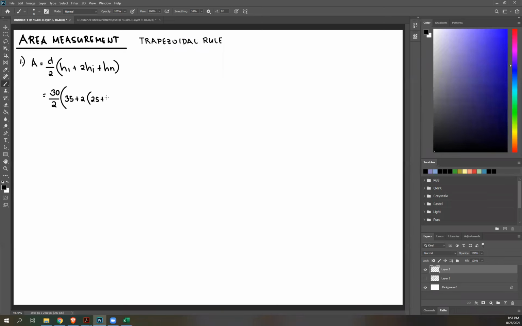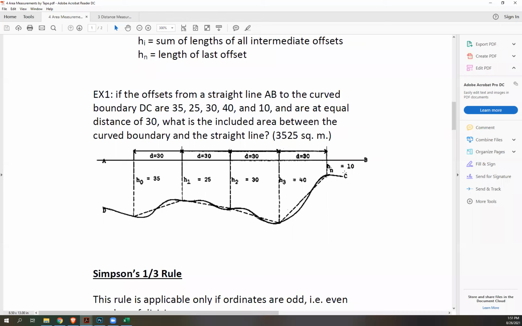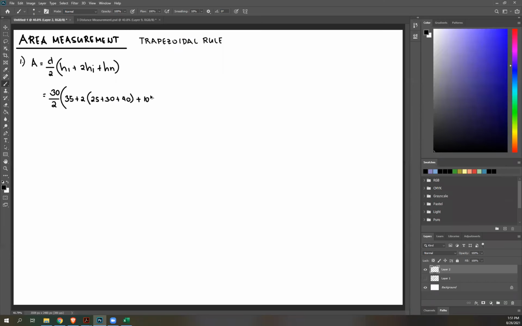So 25 plus 30 plus 40, and then plus the last offset here, which is 10. So plus 10. Please solve. What's the answer? Okay, correct, Jericho and John.